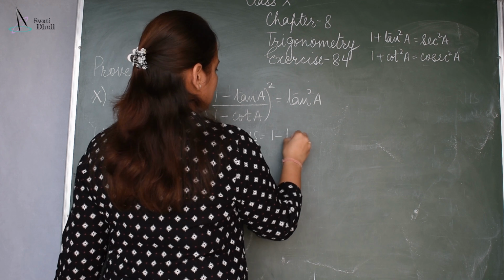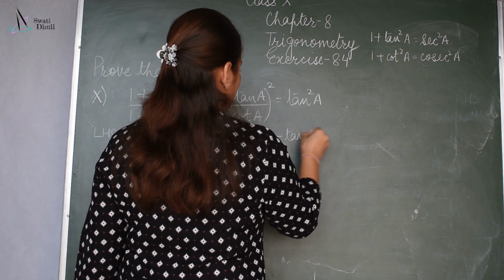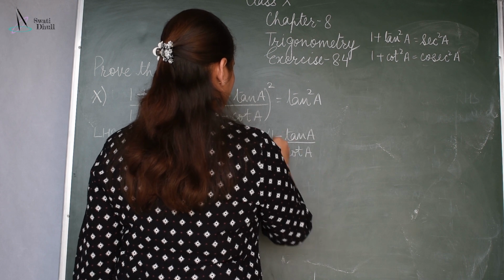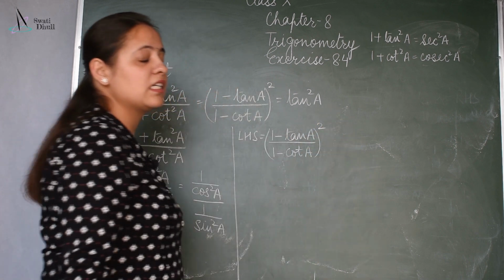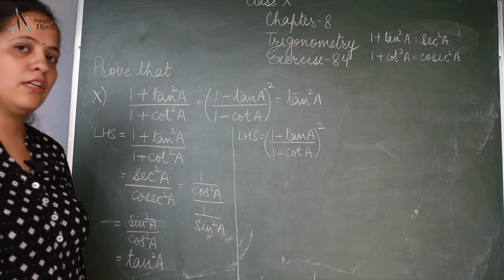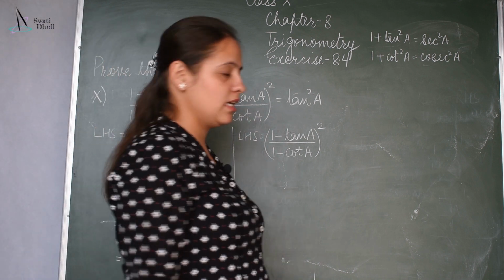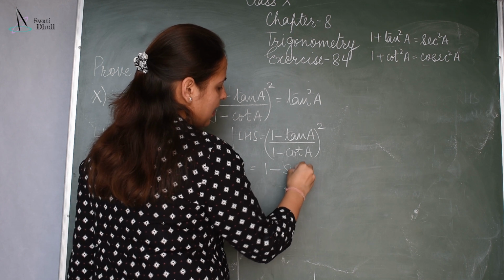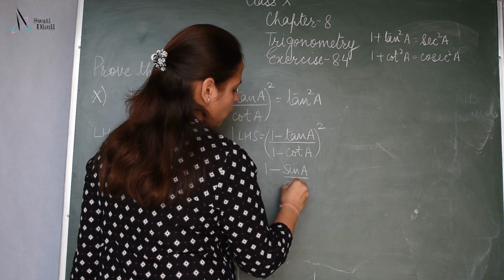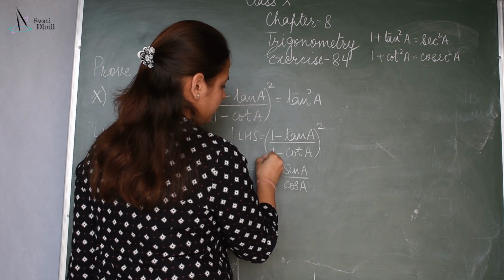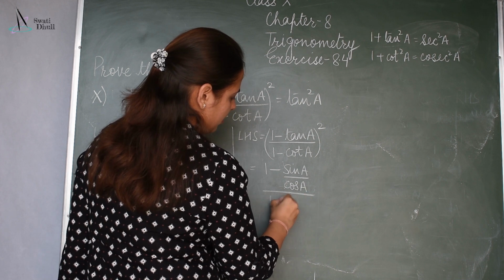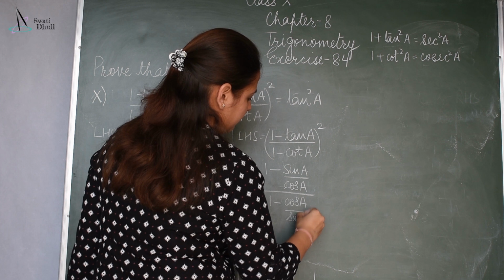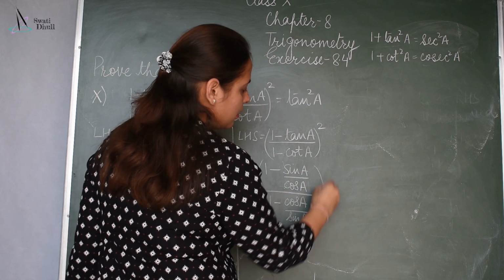So 1 minus tan A divided by 1 minus cot A, whole square. Now we can convert this into sine and cos. So what will I get? This is sine A upon cos A divided by 1 minus cos A upon sine A, whole square.